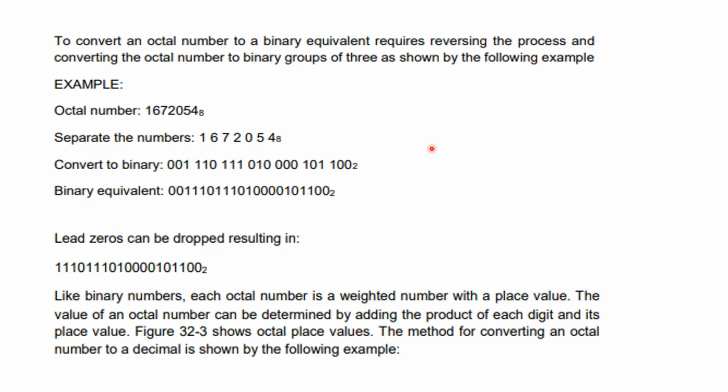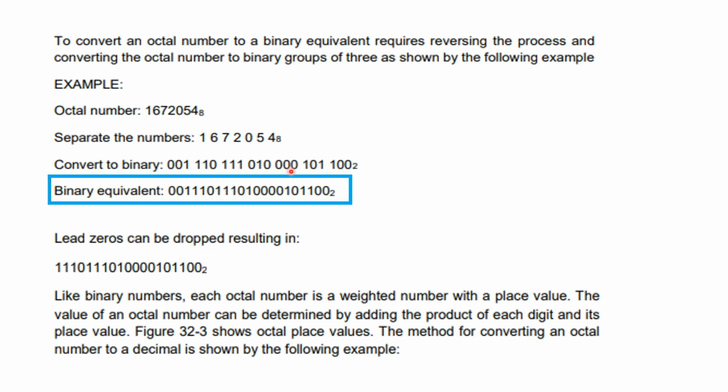Okay, so again, how are we going to convert an octal number to its binary equivalent? Again, you group it by 3. If this is the octal number, you separate the digits. And then what's the equivalent of 4? It's this. What's the equivalent of 5? It's this.